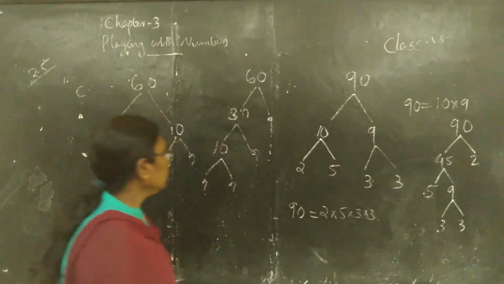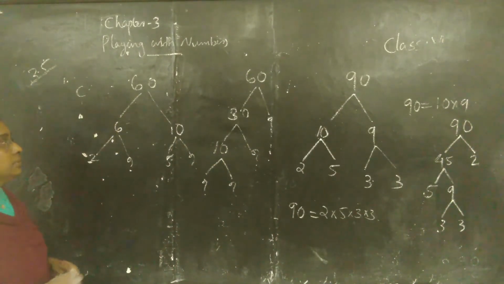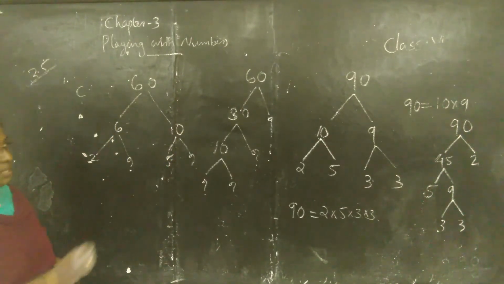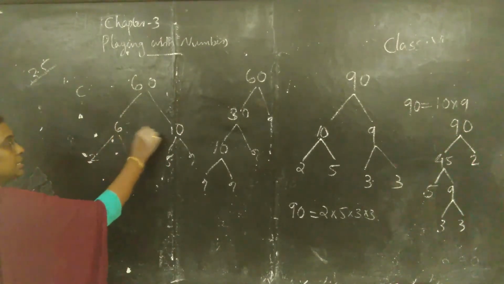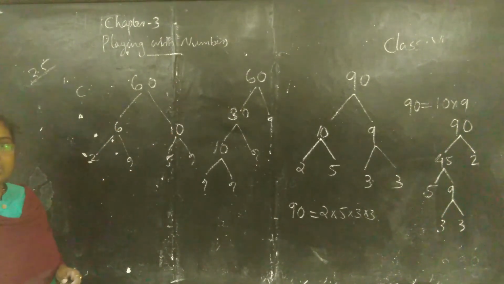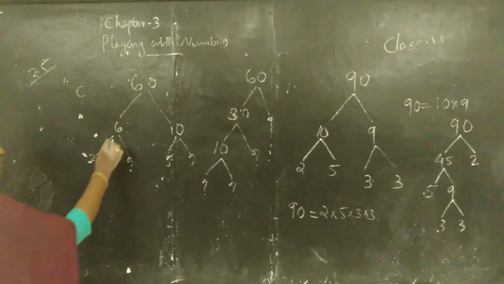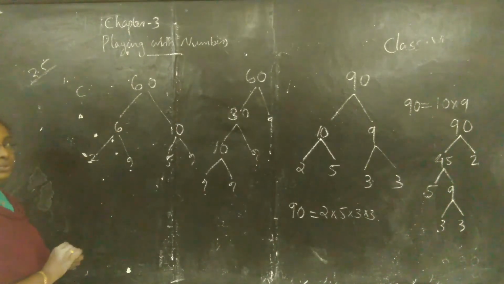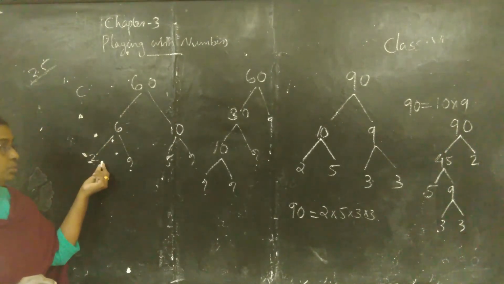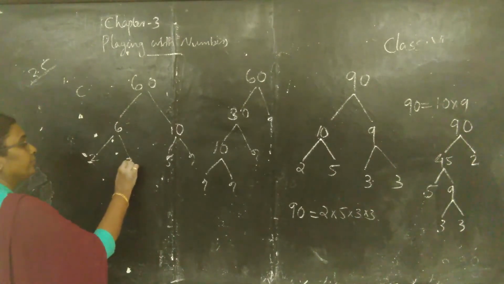Similarly, we have to factorize 60. 60 equals 6 into 10. 6 and 10 are not prime numbers, so we factorize 6 again. We know that 6 equals 2 into 3.